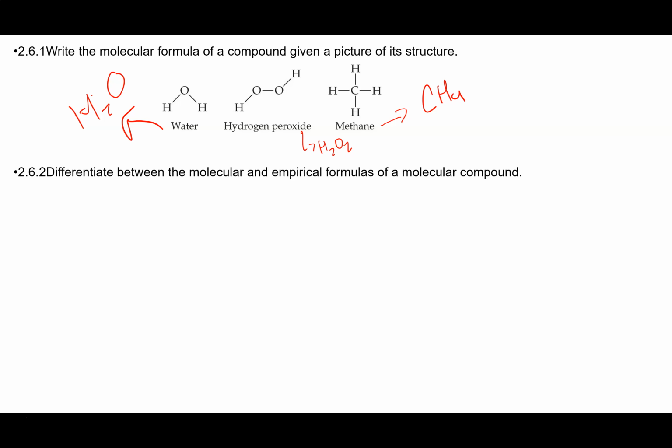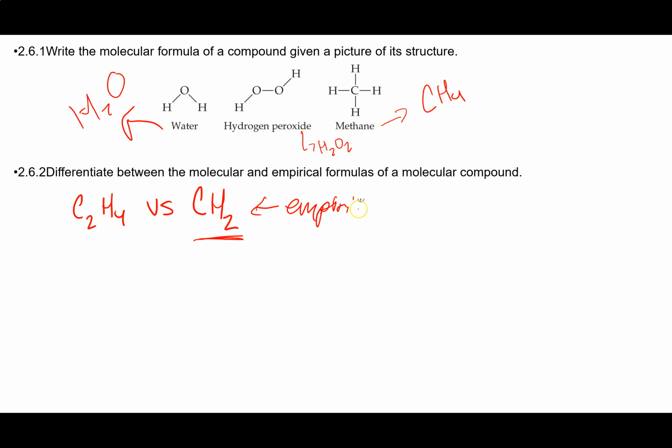Molecular and empirical formulas, just differentiating for this one, there's C2H4 is a molecular versus its empirical would give us the lowest common denominators of all of the different atoms. So since we could divide everything by 2 in C2H4, we get CH2, and this is our empirical formula.